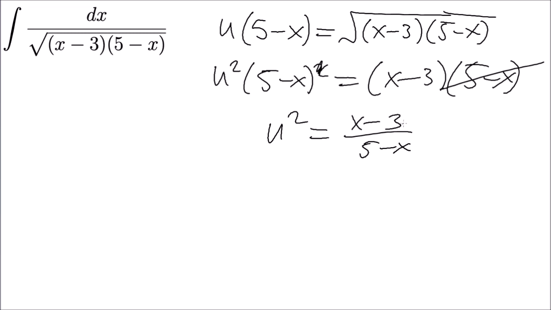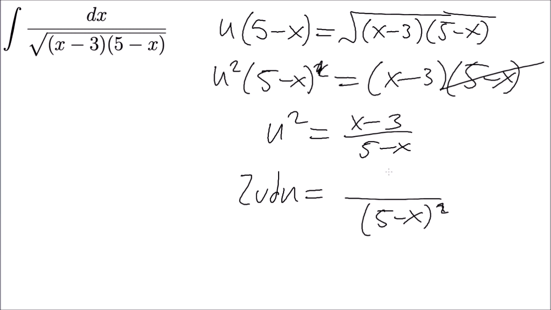Oh god. And then you have to do, but you just don't wanna derive this, right? 2u du. Again, don't do this. Please don't do this. 5 minus x squared. And then this is just 1. 5 minus x minus, and x minus 3, just negative 1.